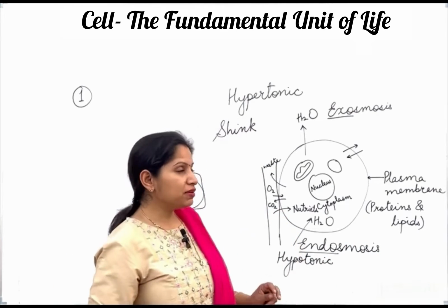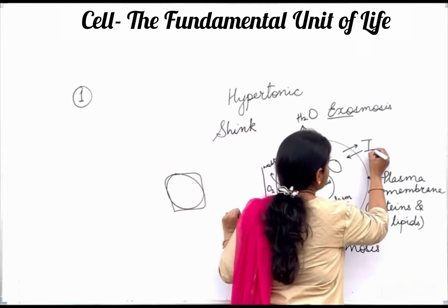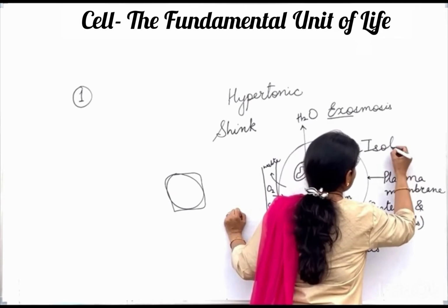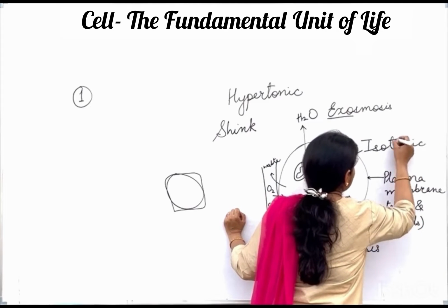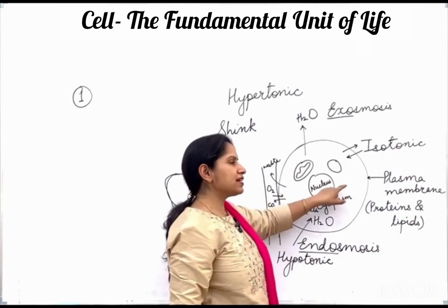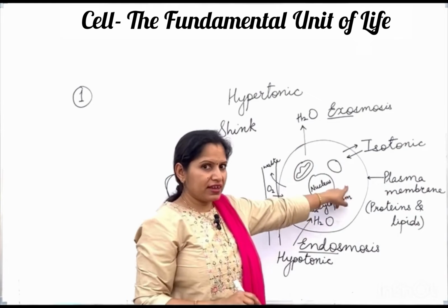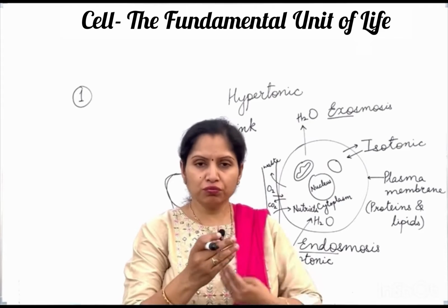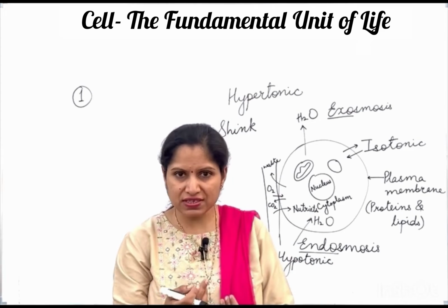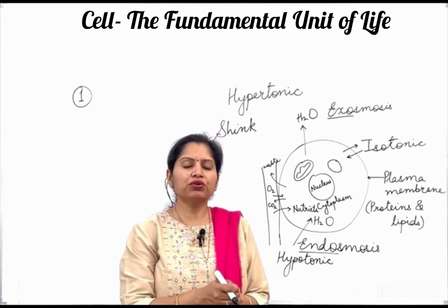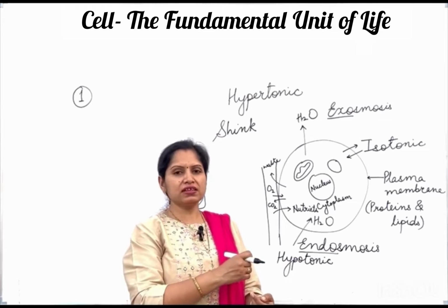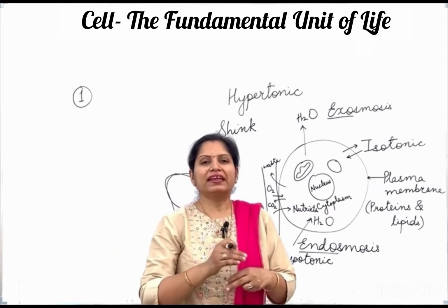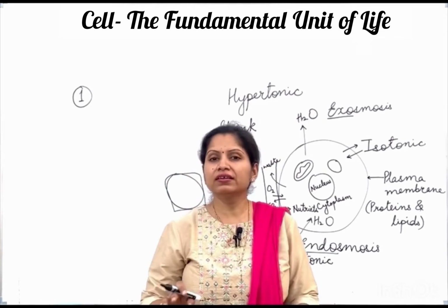Means when the cell is placed in an isotonic solution, isotonic is a solution that is having the same concentration as that of the cell. So in case a cell is placed in an isotonic solution, then there will be movement of water in and out of the cell, but whatever is the amount of water entering into the cell, the same amount of water will be moving out of the cell, and so the net effect of that will be zero.